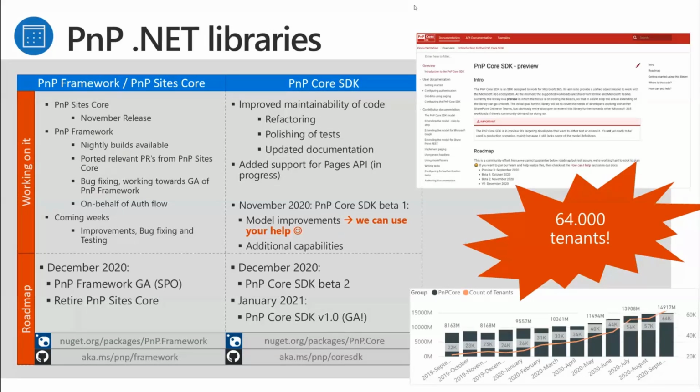For the PnP Core SDK, which is our new SDK, the main thing that we added in the last period is support for modern pages. It's like, let's say, 90% baked, so still 10% coming up. More unit tests are coming, the multilingual features are still being added, but it is getting in a good state.